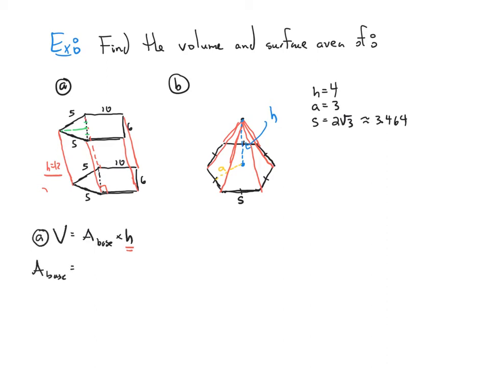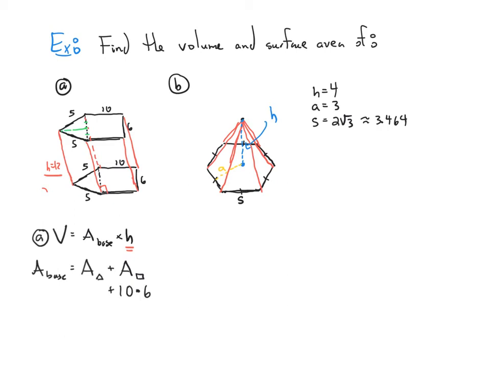I look at it this way. It's the area of this triangle here plus the area of this rectangle. The rectangle is easy. That's a 10 by 6 rectangle, so the area is 10 times 6.